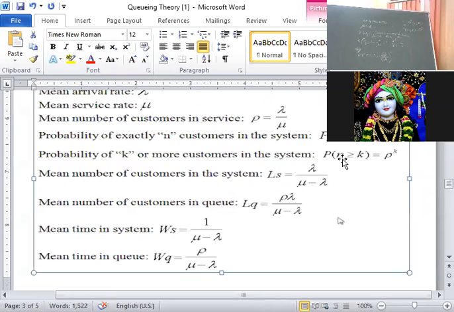In general, it is taken for the waiting line, or actually, I'm also confused there. There are k or more customers in the system. The probability of k or more customers in the system. These two cases talk about the system only. Why? These two formulas belong to patient customers only. They cannot leave the queue in between.